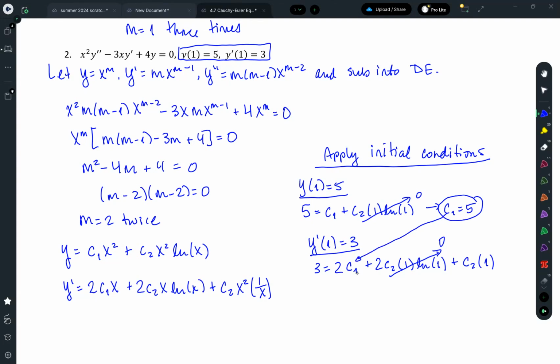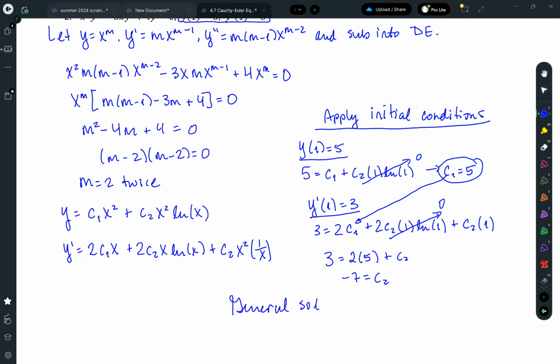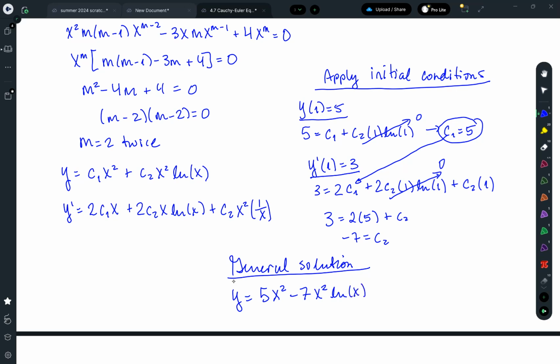So we're going to substitute that in, and we have 3 is equal to 2 times 5 plus c2. 2 times 5 is 10, so negative 7 is c2. And then finally, the general solution is going to be y equals c1, which is 5, x squared, plus c2, which is minus 7. So we'll do minus 7 x squared ln of x.